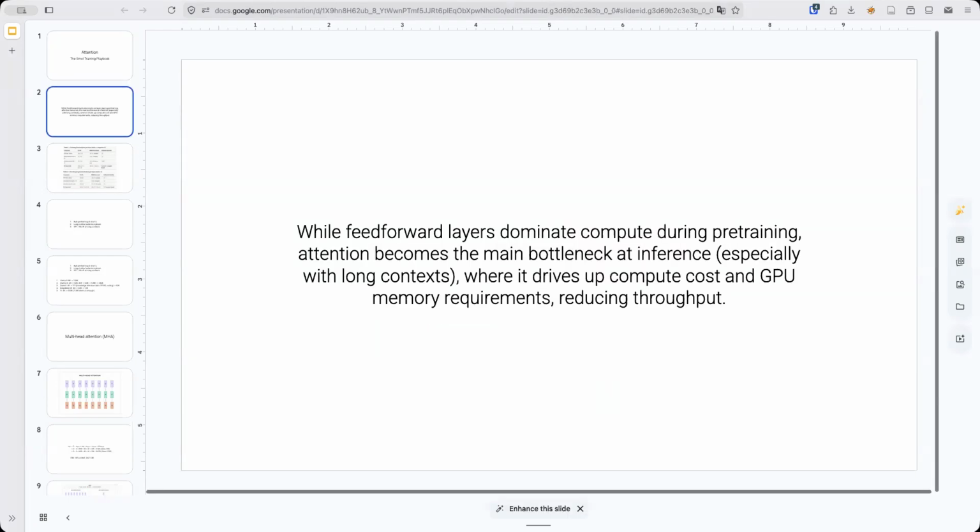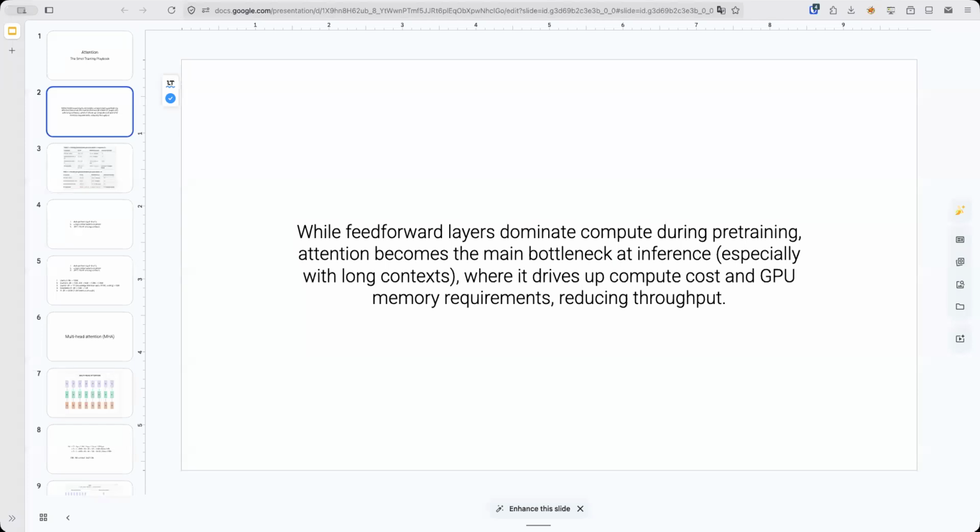So attention, I guess everybody knows what attention is.